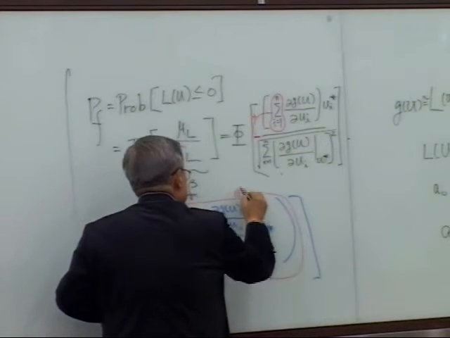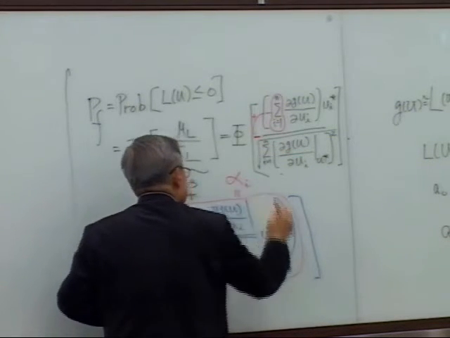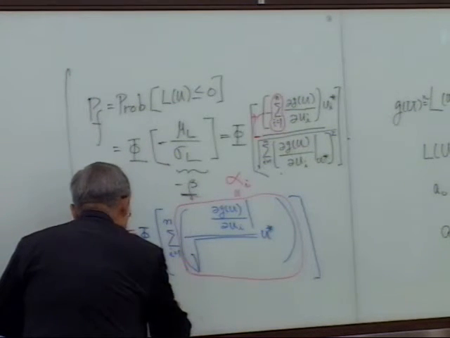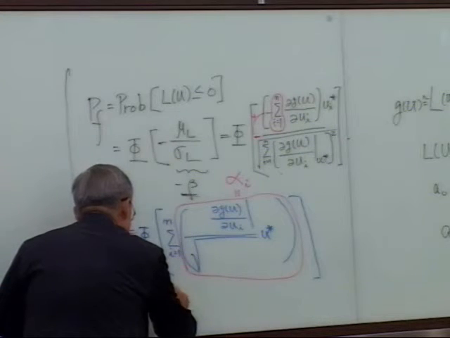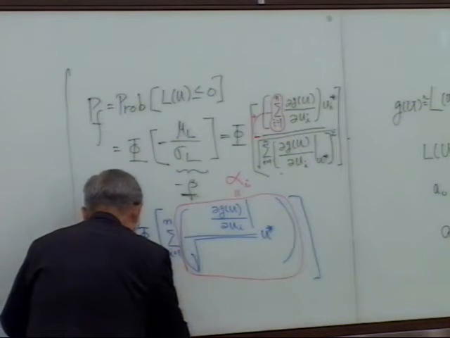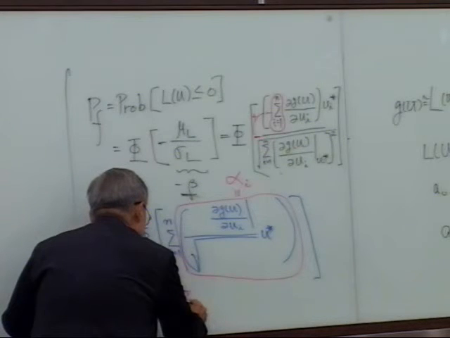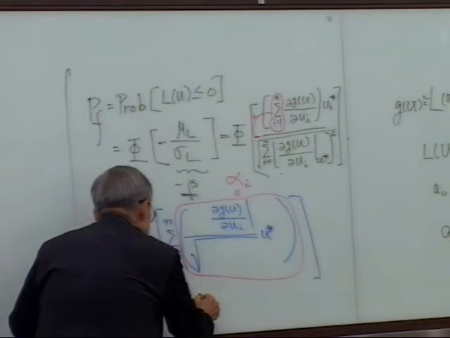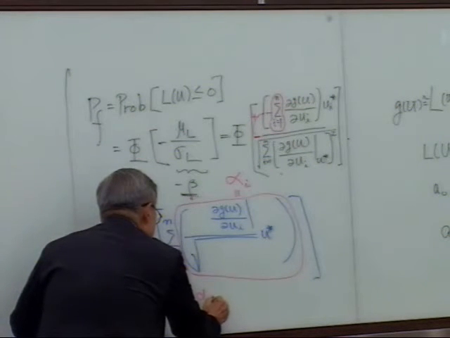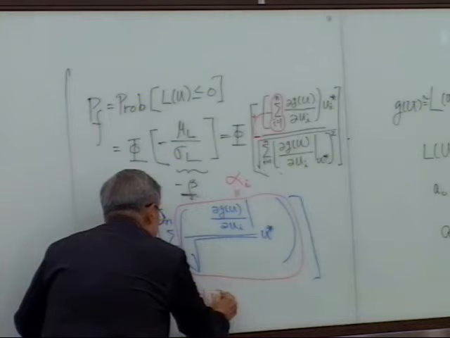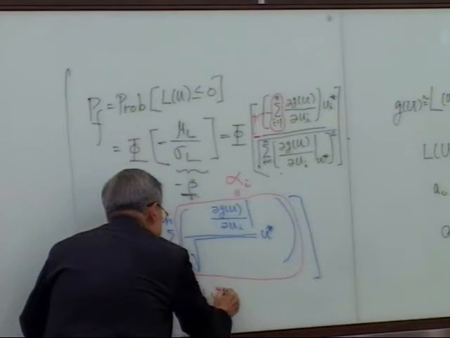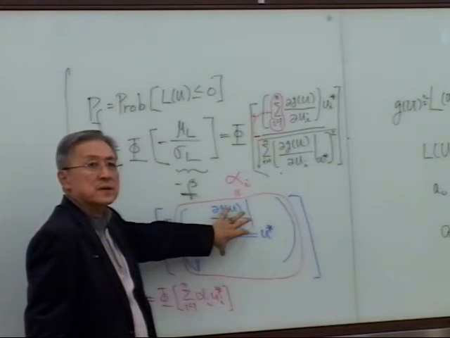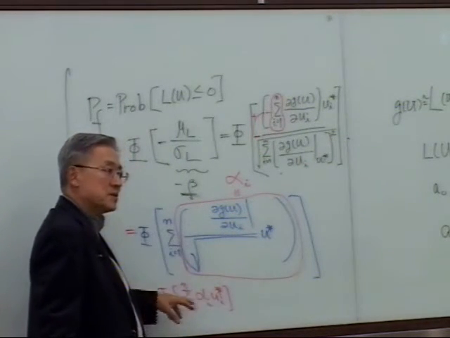I'm going to reset it as alpha I. And we write this as phi of the summation I equals 1 through n of alpha I u I star. All this we have to evaluate. Correct?